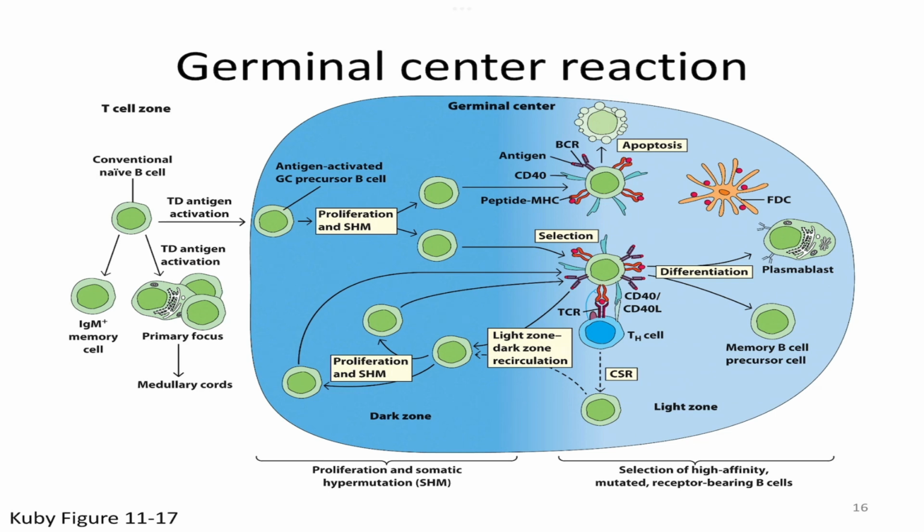The way that this will work is first our B cell will start to become activated. It will move to the T cell zone to interact with a T cell. And then once it has interacted with the T cell, you can see it entering into the germinal center. The first thing that happens to that B cell is that it's entering into the dark zone.